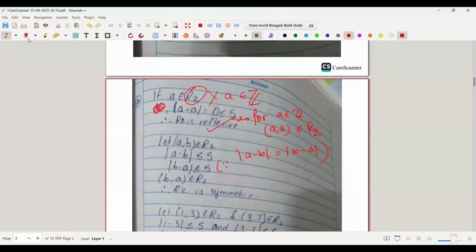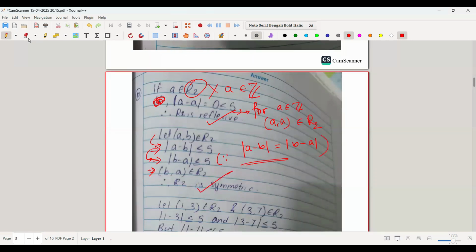You have used this property of the modulus function, so mention it. And you have to write the implies sign, because from this we can conclude this, and using this identity, it implies that (b, a) belongs to R2, and hence R2 is symmetric.